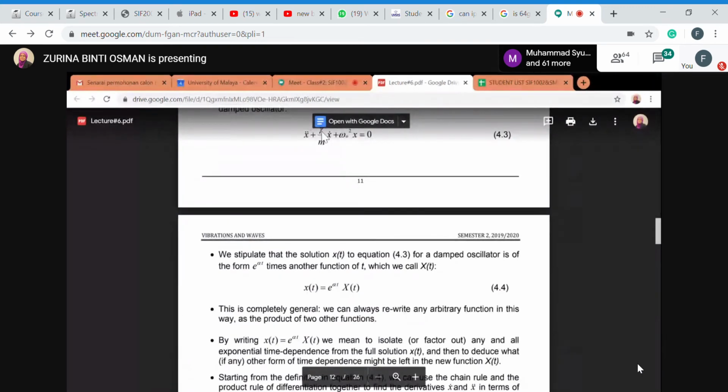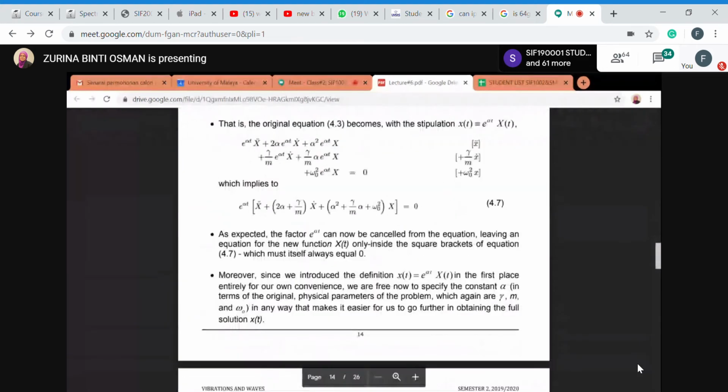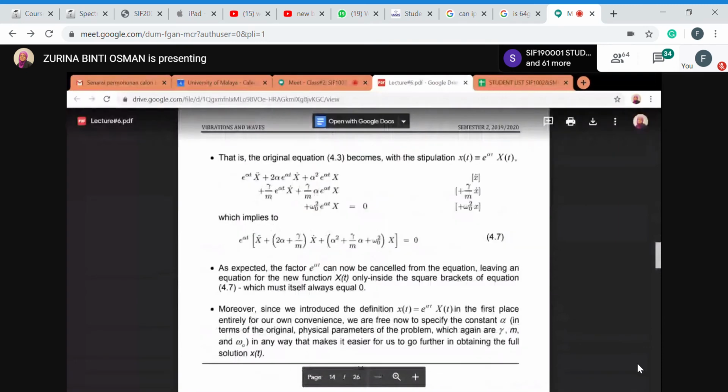After we got this, substitute back into this equation for x dot and also x double dot. So here is the answer. After we substitute, this is the final answer after we factor out this factor.